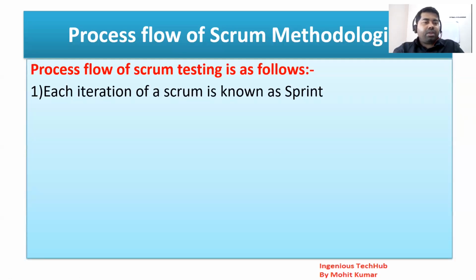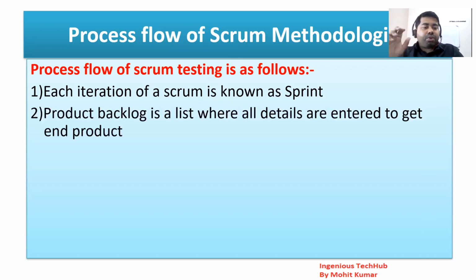So we have some process flow of agile methodology, guys. I have already explained what process we follow. Each iteration of a scrum is known as a sprint. So when we have one iteration, that is one sprint. The product backlog is a list where all the details are entered for the product.